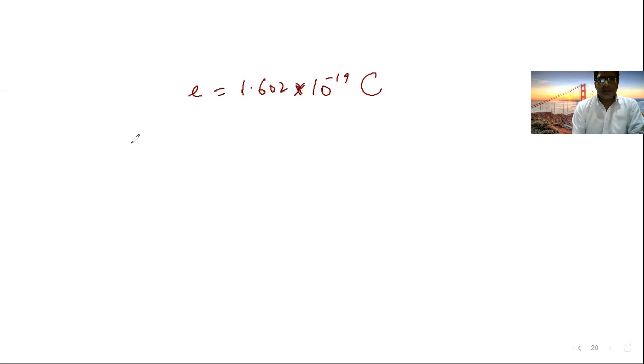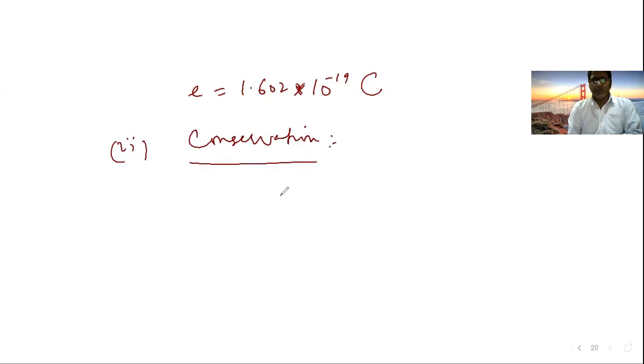Then the second property is that charge is conserved. Conservation, right? That means total charge in the universe is constant. That means if some charge appears somewhere, the same amount must disappear somewhere else because the total is conserved. I will give two examples here.